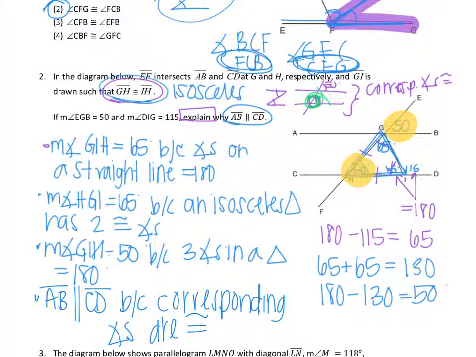So this is just one way to prove that these lines are parallel. You could have gone with finding, say, vertical angles that are congruent. If this is 50, then this is 50, which then means that the lines are again parallel because we have a Z going on here. Alternate interior angles are congruent.